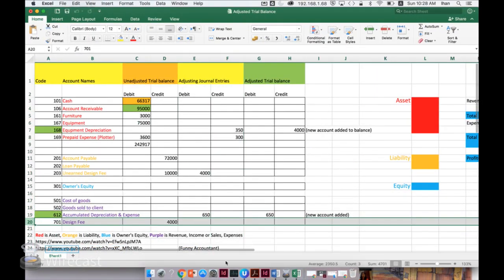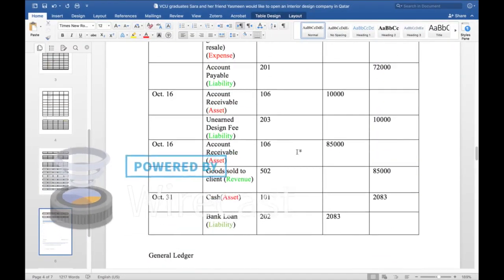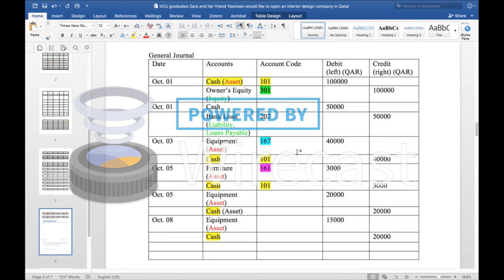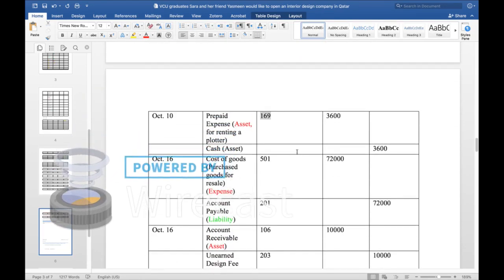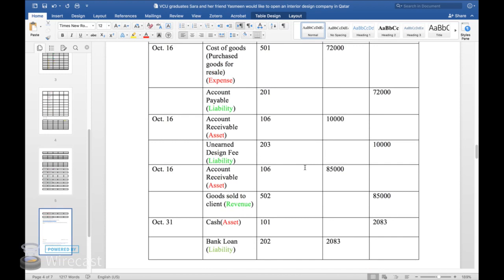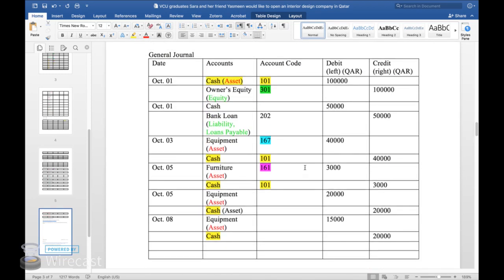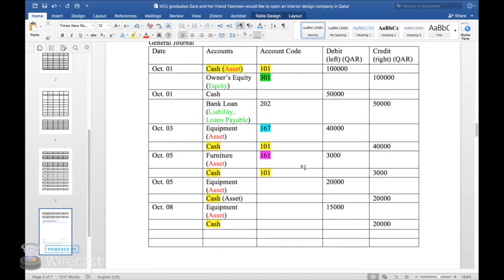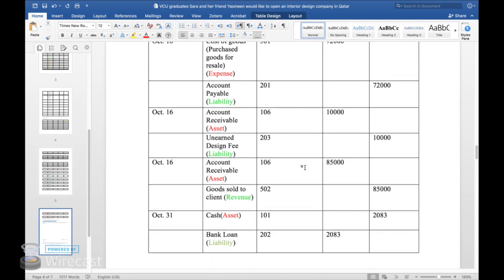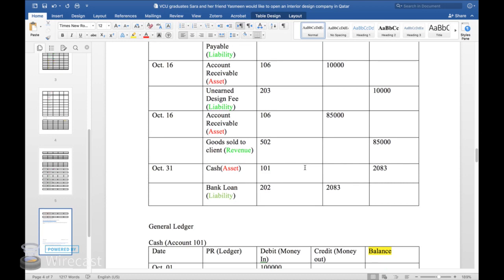Okay, 701 is design fee. Where is that? Is it not recorded? Okay, it is not recorded. So it's probably a new account. The design fee is the design we actually have done, but not in the transaction. Okay, this is not to confuse the invoice.